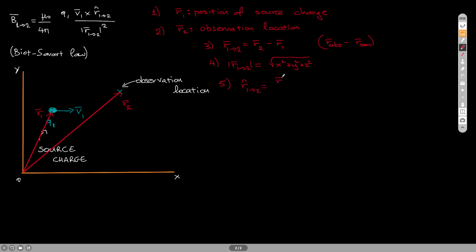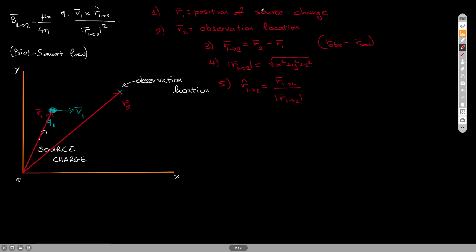So you will do the vector that goes from 1 to 2 divided by the magnitude that you found in step 4. Now this will give you a vector. It will also have x, y, z. Just to make it clear, from step 3 you will get a vector with x, y, z components. From step 4 you will find a number. The magnitude simply shows you the strength of the vector. This is just a number. From step 5 you will find a vector, because you are dividing a vector by a number, and this calculation will result in another vector.